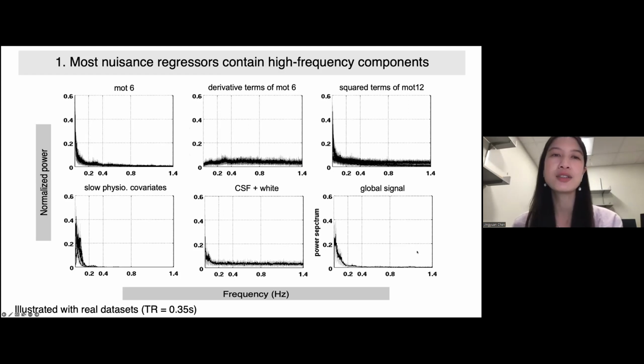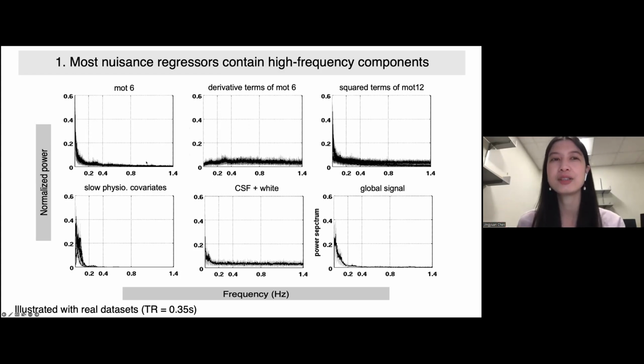For the first question, most nuisance regressors contain high frequency components. Here it shows the power spectra of some typical nuisance factors for fMRI data analysis. The reason is that lots of measures may have white noise in them.